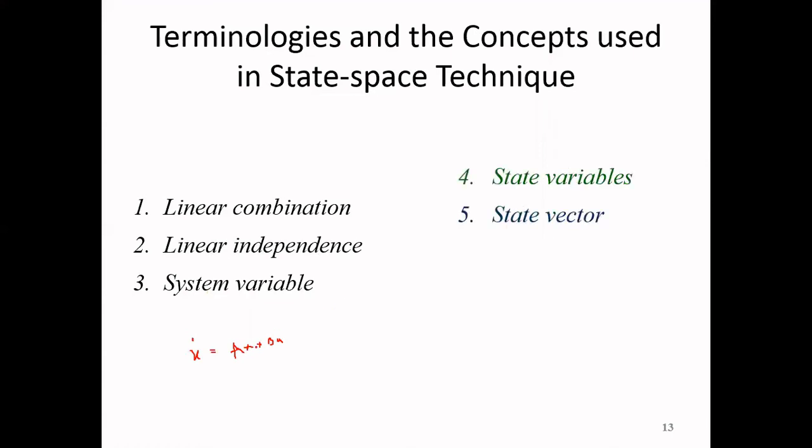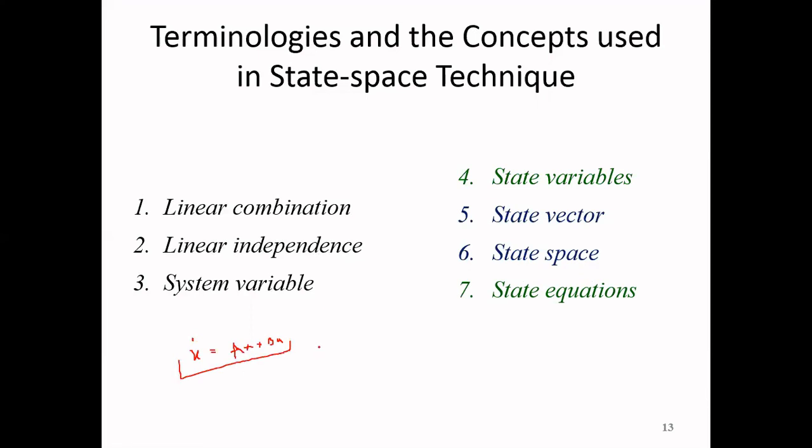State variables are the ones that we have selected; the minimum number of state variables should be selected. State vector, like here x, holds all the state variables. State space is the domain in which we are solving our equations. State equation is a combination of all this.